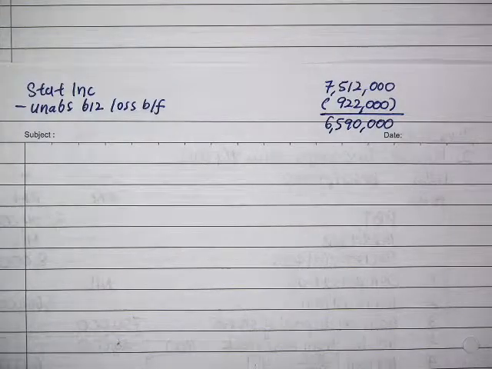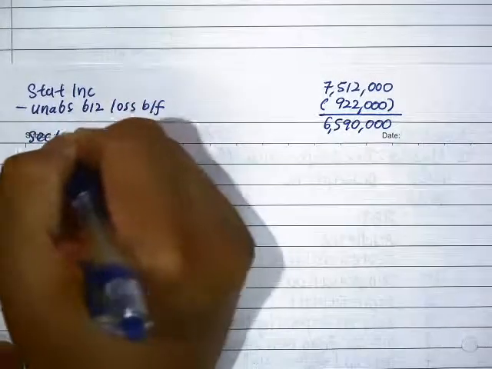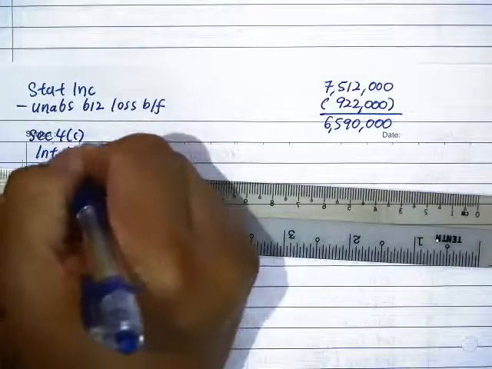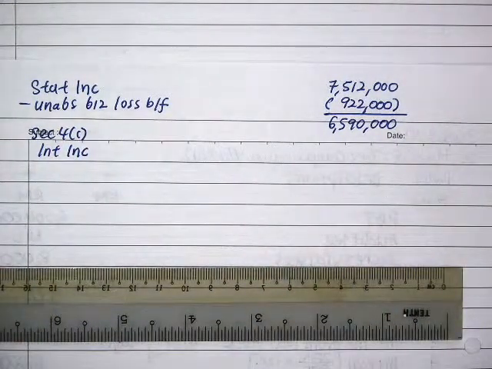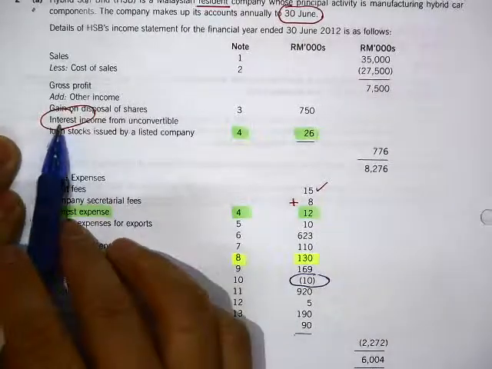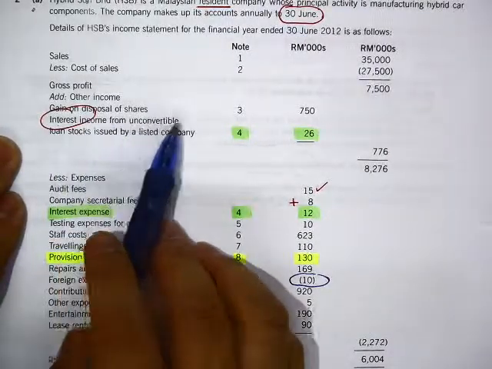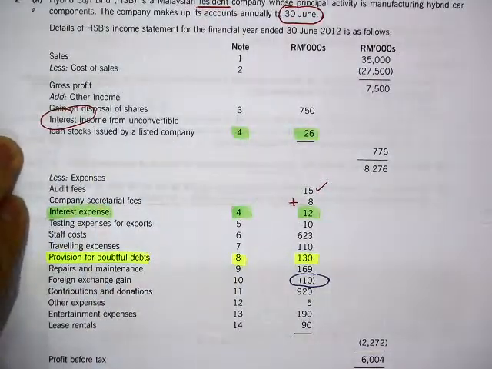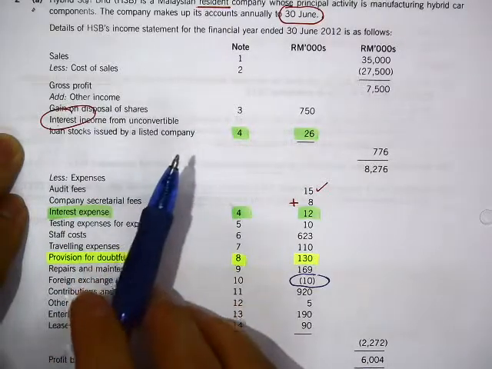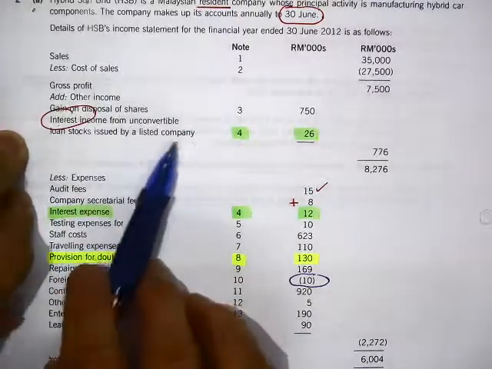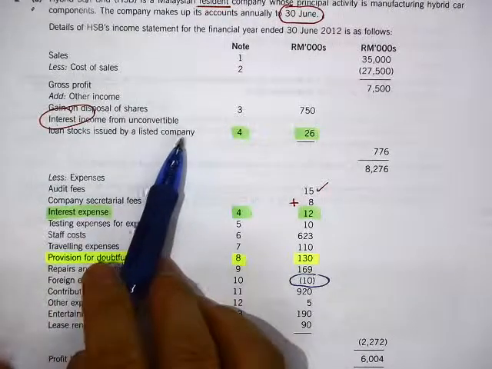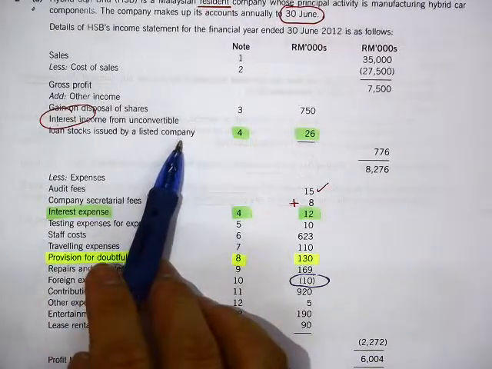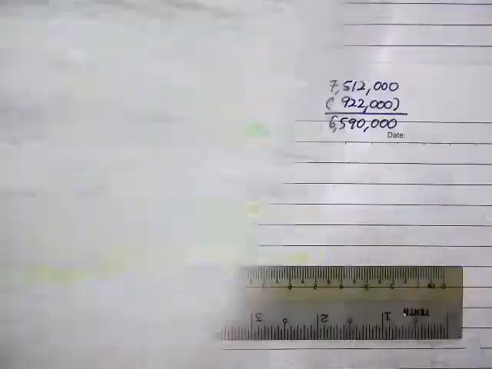Now what do you have after that? Section 4C. What's the interest income that we see here? It is interest income from an unconvertible loan stock issued by a listed company. In the event there is an exemption, the exemption is for resident individuals, not for companies, so there's no issue.